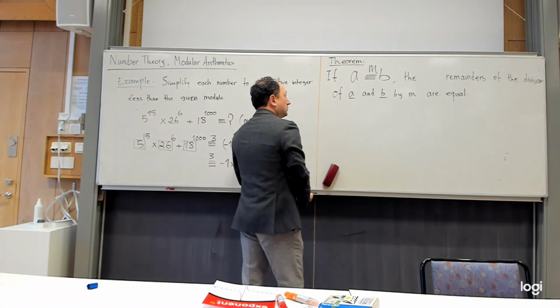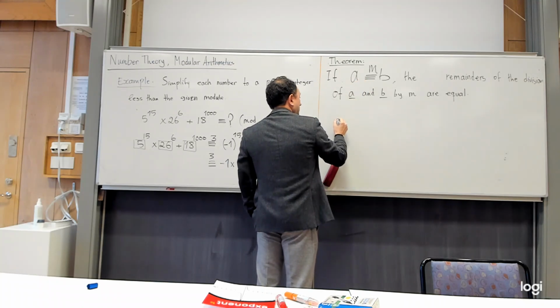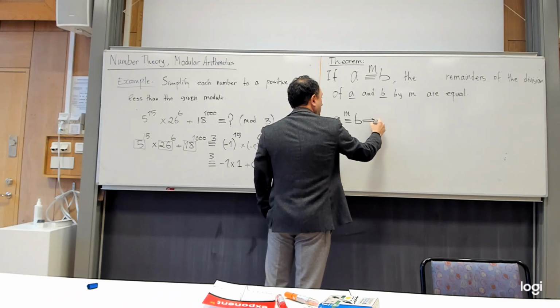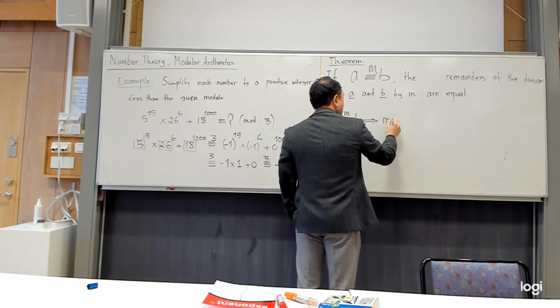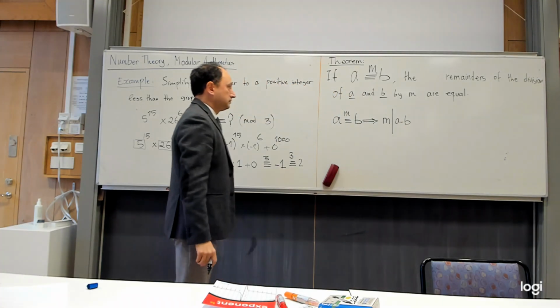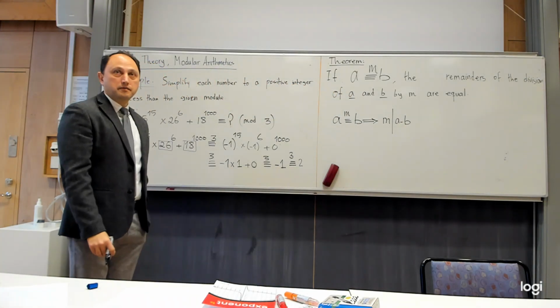Okay, so when you say that A is congruent to B modulo M, what does it mean? It means that M divides A minus B. Yes?